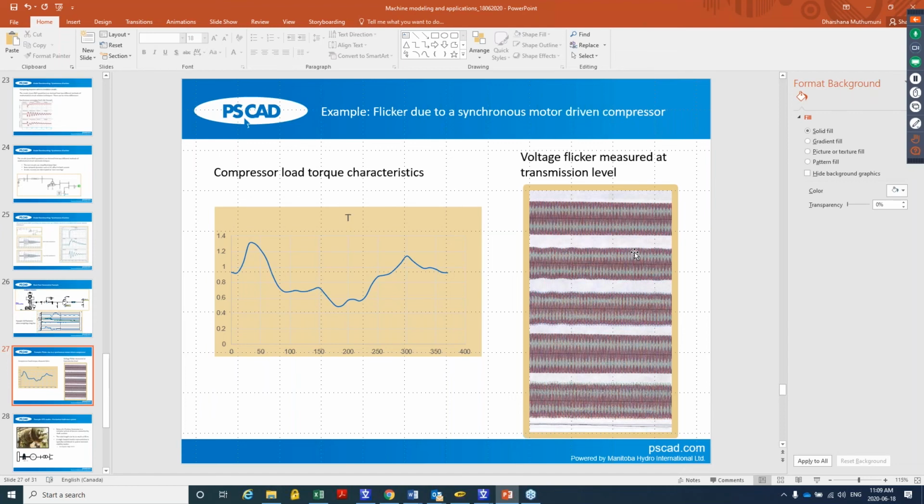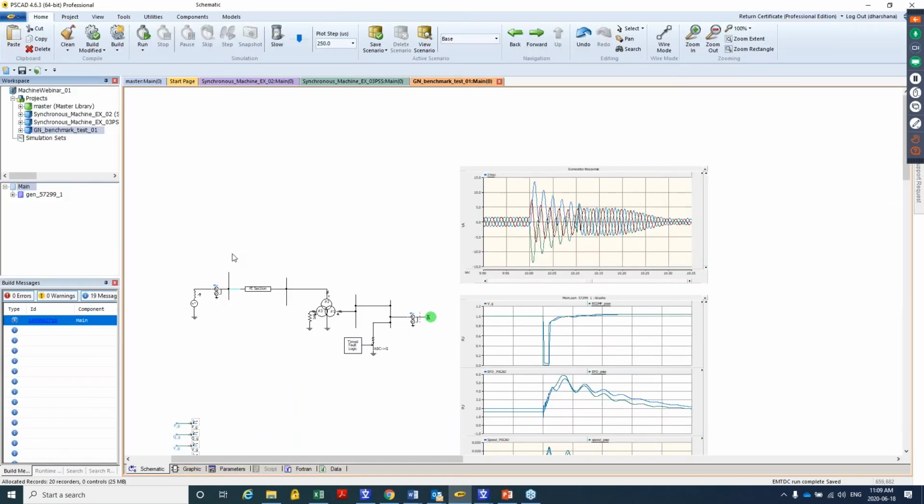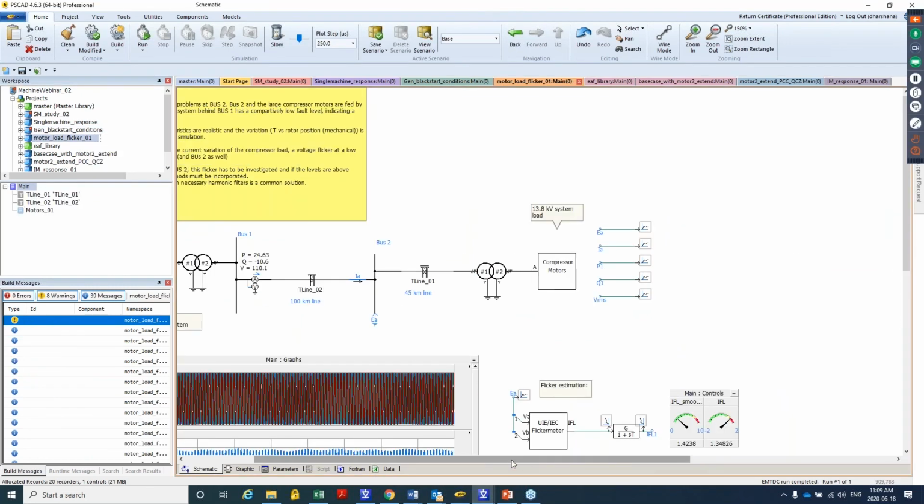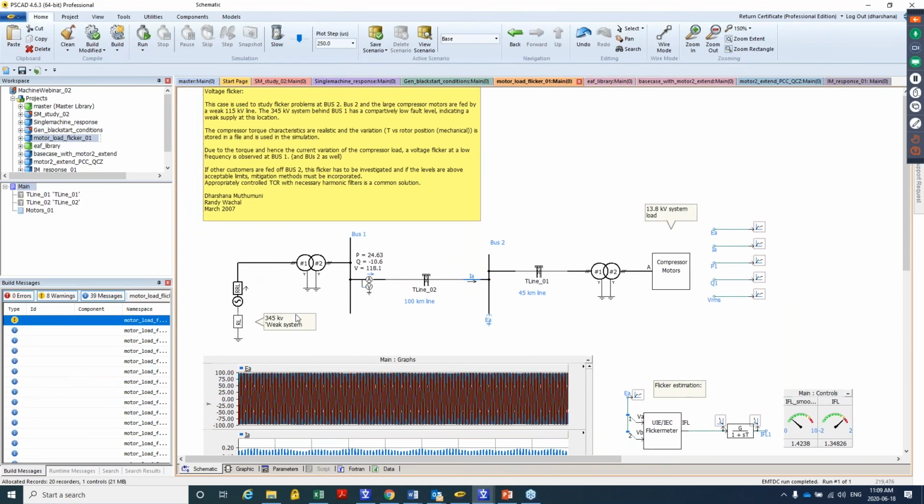They had to design an SVC to mitigate flicker. But in order to design the SVC, first you have to model this flicker phenomenon correctly. So here's how it was done. Once again, this is the representation of the transmission system.